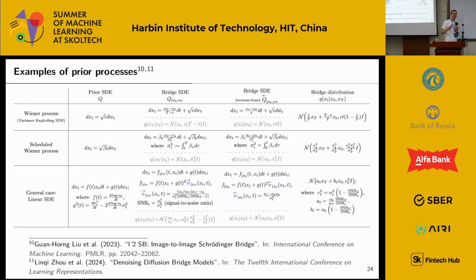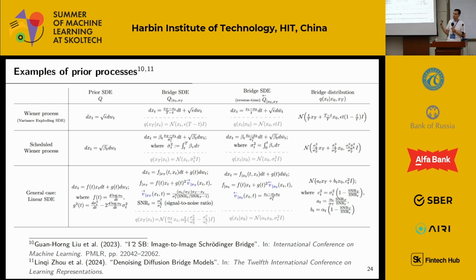because many different prior processes Q are used nowadays in the scientific literature for all these bridge matching methods. First of all, and this is closely related to the standard prior noising processes, which are used in diffusion models, not in the diffusion bridge models.